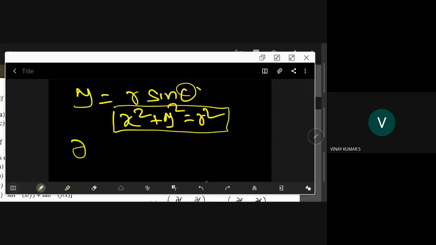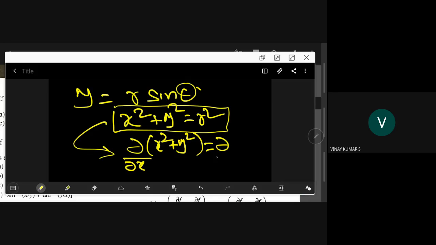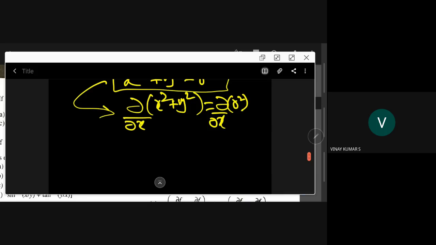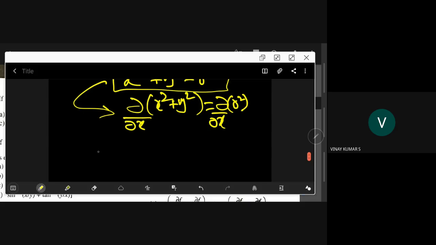So from here, ∂/∂x, I am calculating x² + y² = ∂/∂x of r². That implies the left hand side is 2x.